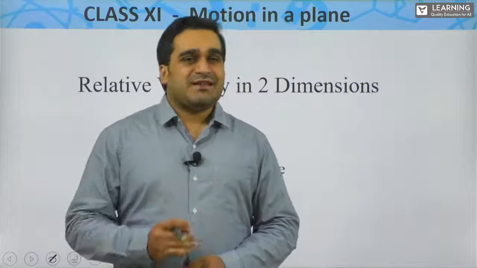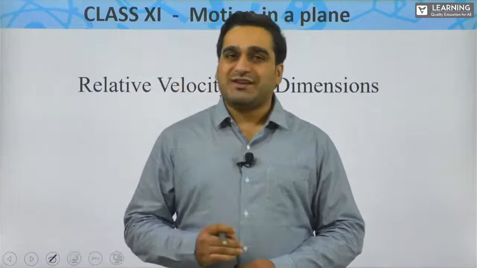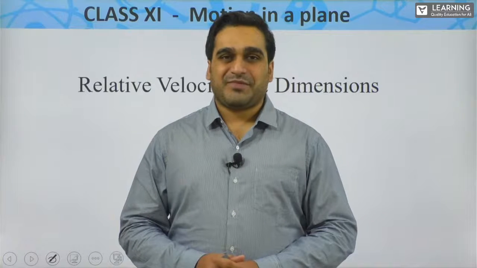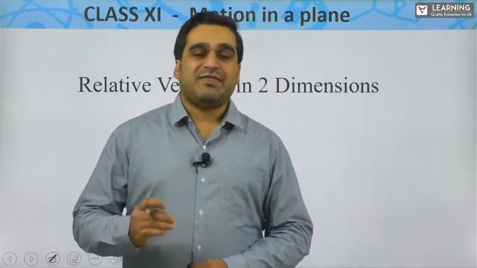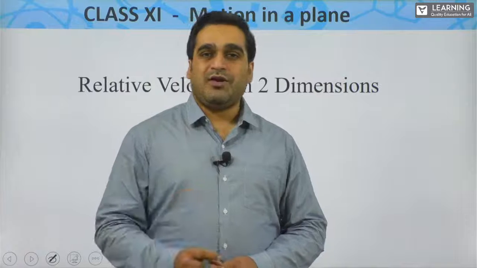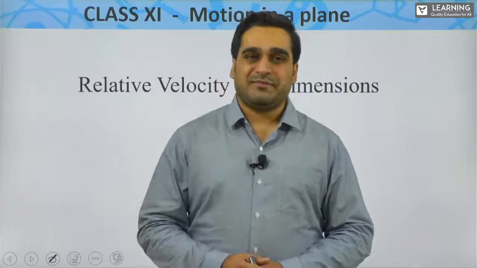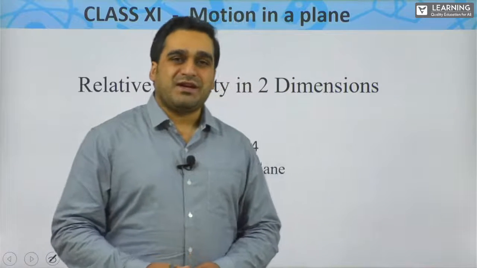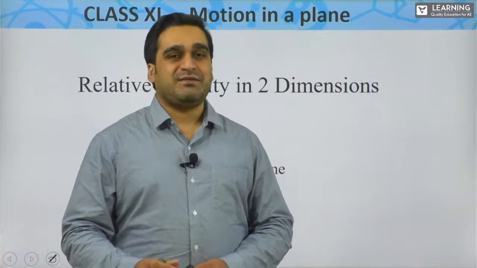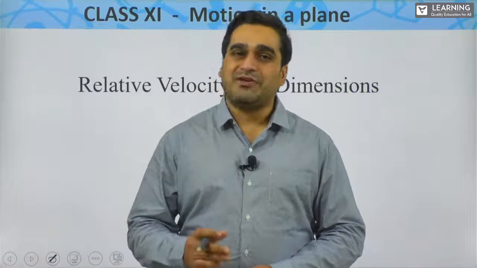We discussed the same concept for motion in a straight line, where we determine the relative velocity of one object with respect to the other. The same discussion will take place, except this time it will be in two dimensions.